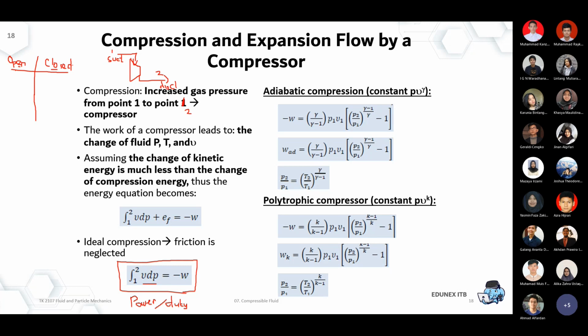Because there's mass going in and going out. So in very simple terms, when we're working with an open system, it involves some flow system. If it involves a flow system, then we can be very sure that we are working with an open system.